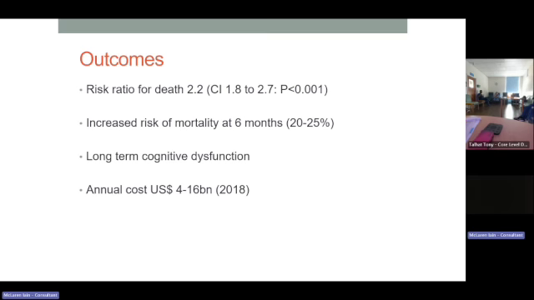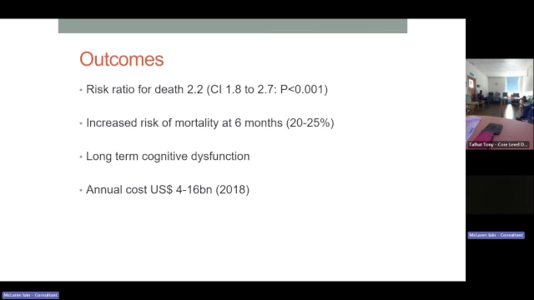It's important because your risk ratio for death, if you suffered delirium, is significantly higher. There's a risk ratio of 2.2 compared to patients who never have delirium in a matched group.